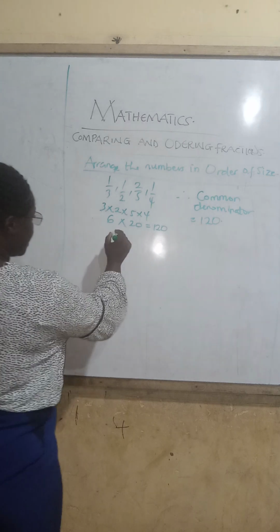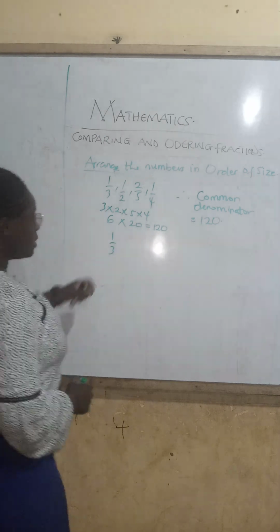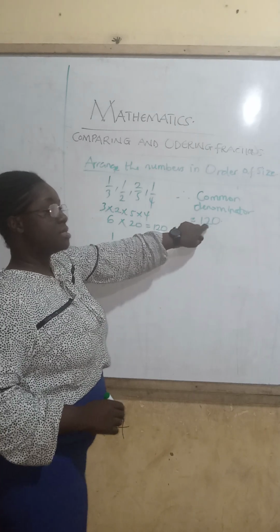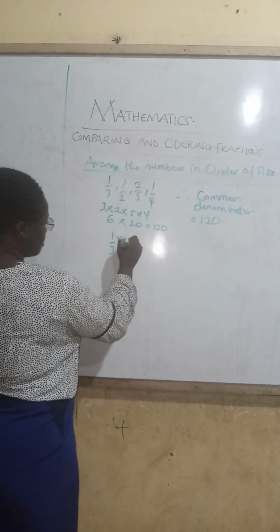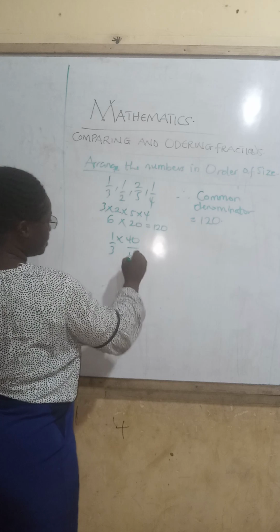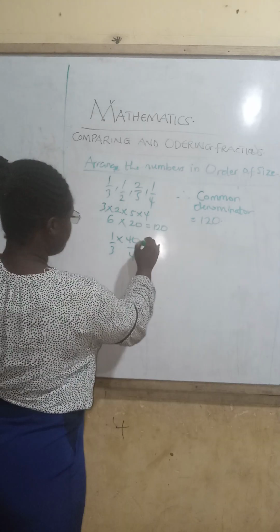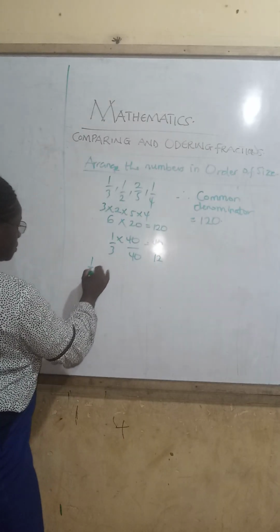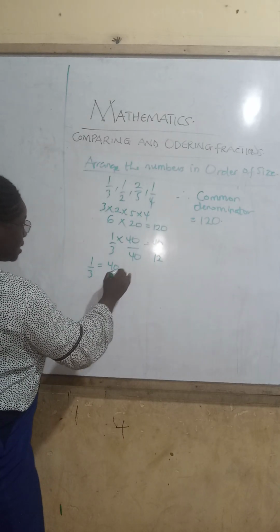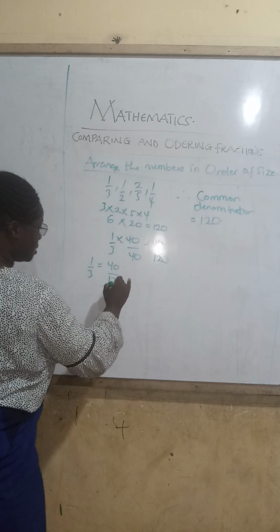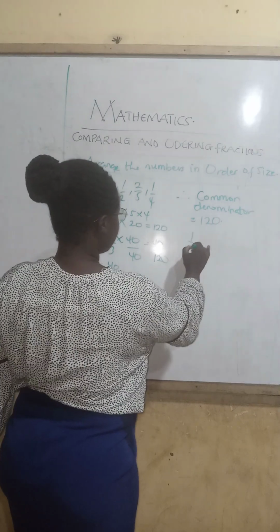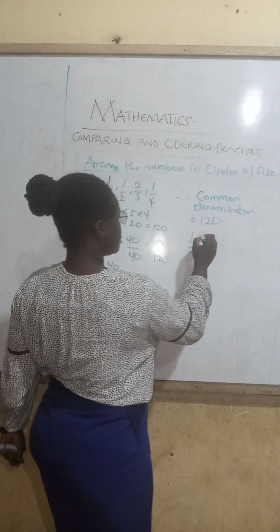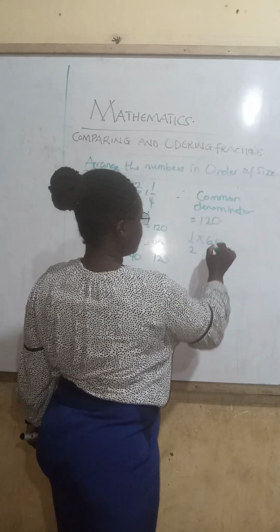We first pick 1 out of 3. How many 3's can go into 120? 40. We multiply the 40 by both the numerator and the denominator, so we get 40 out of 120. So 1 out of 3 is 40 out of 120. Let's go to the next one. 1 out of 2. How many 2's go into 120? 60.